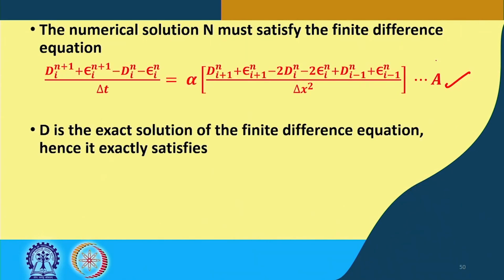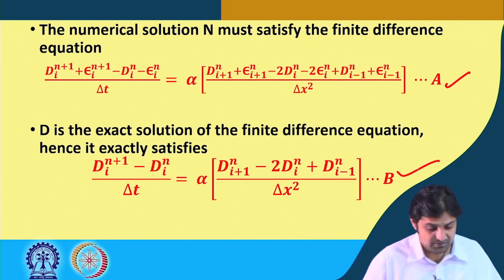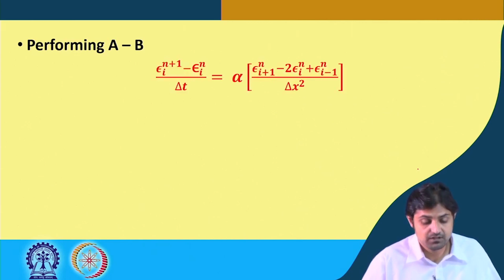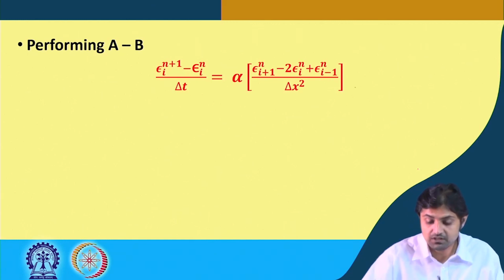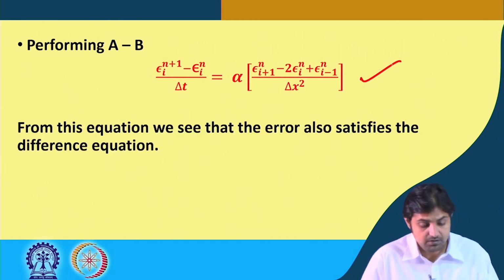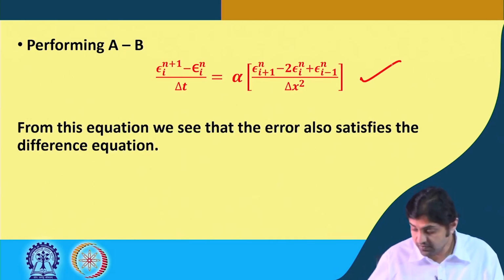So, N will satisfy both. If we perform A minus B, we can write epsilon_i at n plus 1 minus epsilon_i at n over delta t. So, from this equation we can see that the error also satisfies the difference equation.